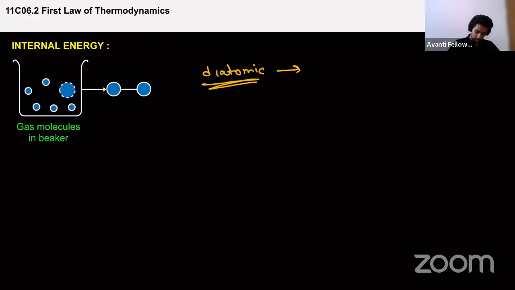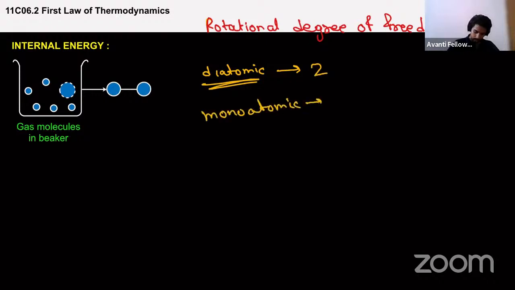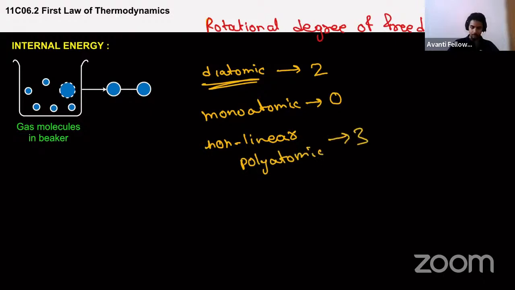Now, if we see rotational degree of freedom, for diatomic gases, it is 2. For monoatomic gases, it is 0. And for non-linear polyatomic gases, it is 3. Okay, clear with this?